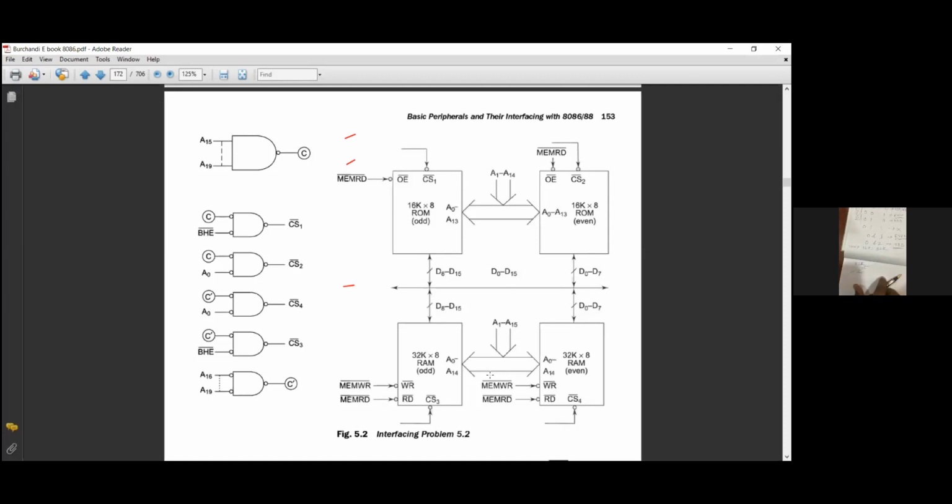So again, A0 to A?, how much? A14 will be unchanged. Okay? Is it clear or not? Yes, sir. Just go up.